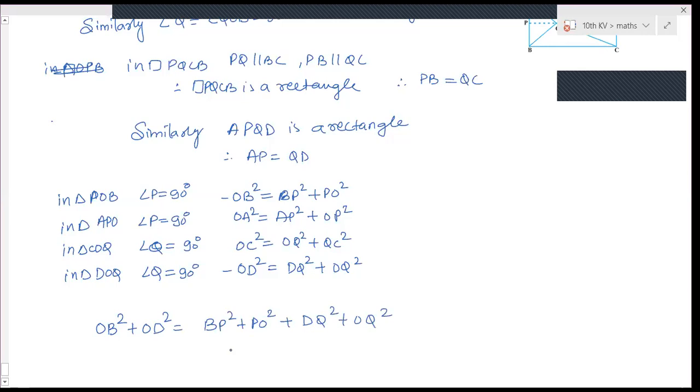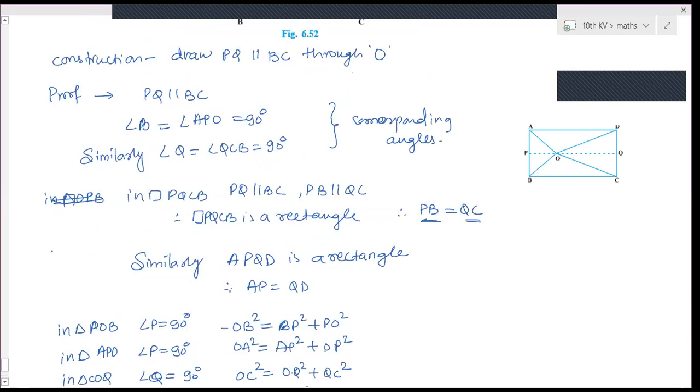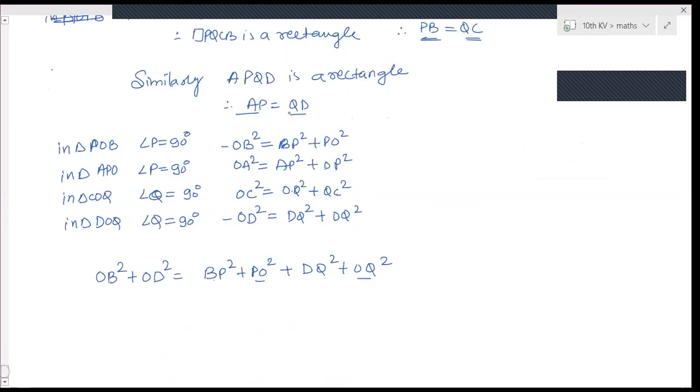Okay. Now, for OC square and OA square, what do you need? OP square and OQ square. Already we have OP square and OQ square. AP square and CQ square we need. So already you have proved PB is equal to QC and AP is equal to DQ. So substitute those values. Instead of BP, substitute QC, and DQ is equal to AP.